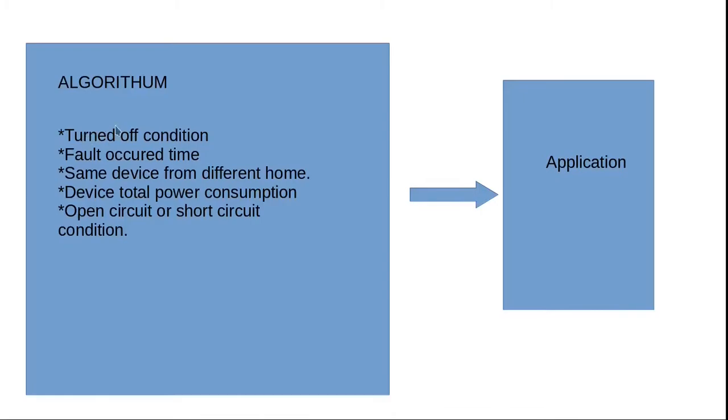So at the beginning all the turned off condition data will be removed. And after removing it, there is also a timestamp for each data. The timestamp is nothing but when the data was collected, at a particular day and time.